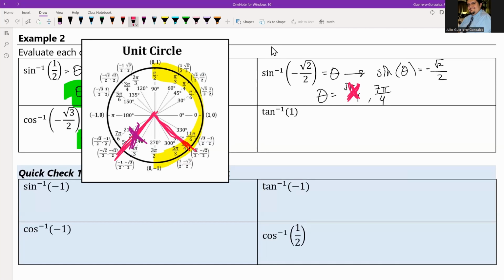Remember how I said that for sine inverse, the angles have to pop out somewhere between negative pi over 2 and pi over 2. 7 pi over 4 is not in there yet, but there is a coterminal angle in there that is equivalent to it. So it's not this one either, but that is coterminal to negative pi over 4.